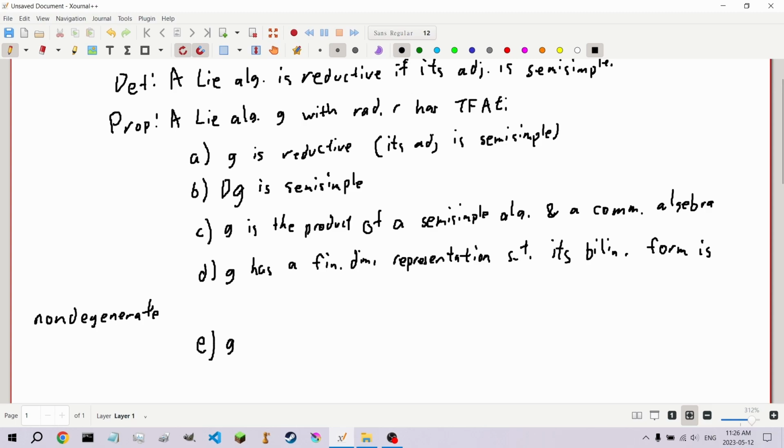Condition E, there are lots of equivalent definitions for this, it looks like. Condition E is that G has a faithful, semi-simple, finite dimensional representation.